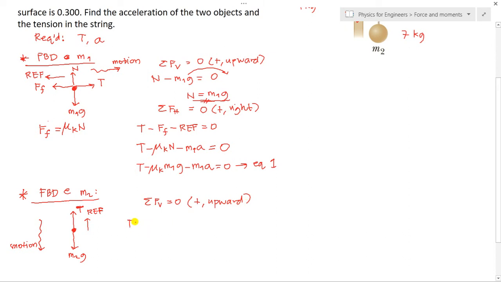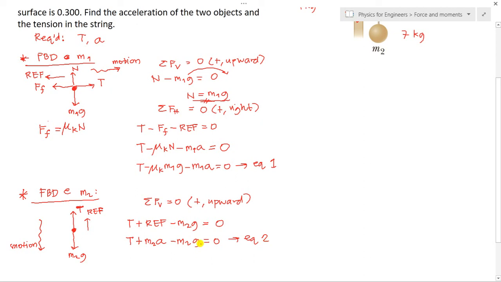We have tension plus the reverse effective force, minus M2G, negative M2G because it points downward, is equal to 0. Here, again, our reverse effective force is just the mass of the object. Our object here is mass 2, multiplied by the acceleration, minus M2G is equal to 0. So this would be our equation 2.